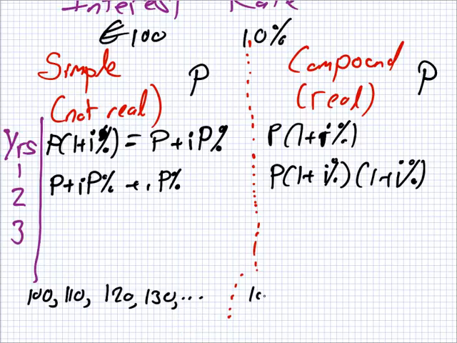But with compound, we start off with 100, then it's 110, but then I have to multiply by 1.10. So what do I get there? 121? Now do you see there's a small difference? 121, is it? And what's the next one? 133.10.